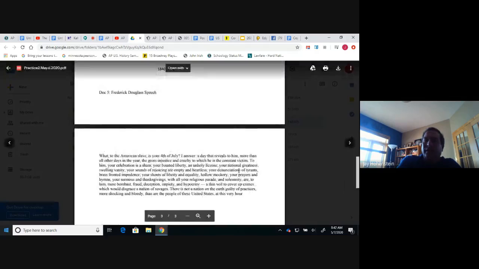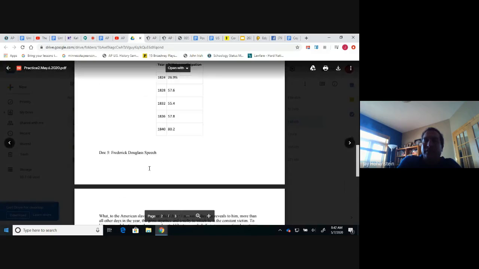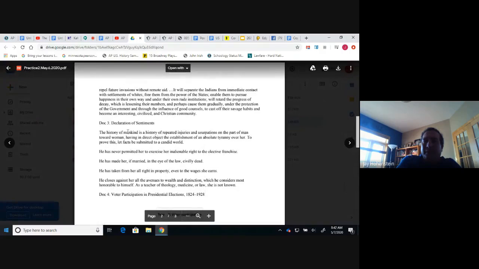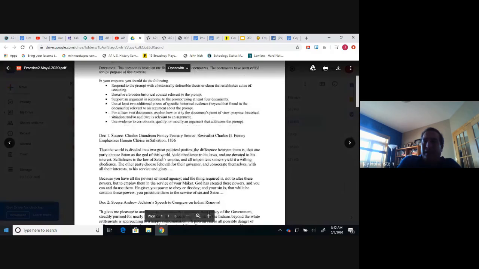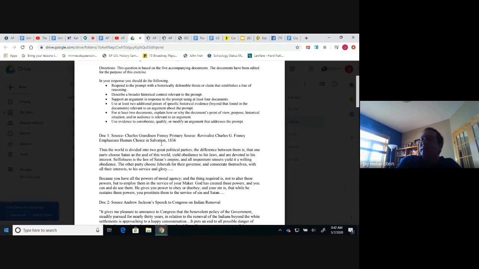Now, when we take a look at this document and document 3 and document 1, they all have similarities with one another. The temptation that you're going to have on the AP test is to group them, to write paragraphs where it says documents 1, 3, and 5 all highlight how abolitionism is growing inside the United States. Please do not do that.